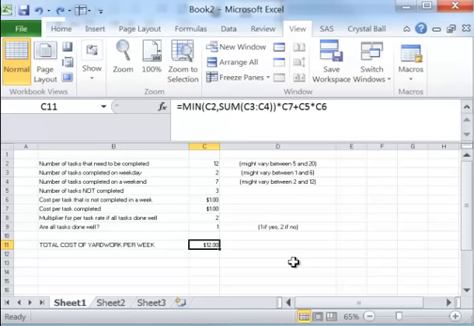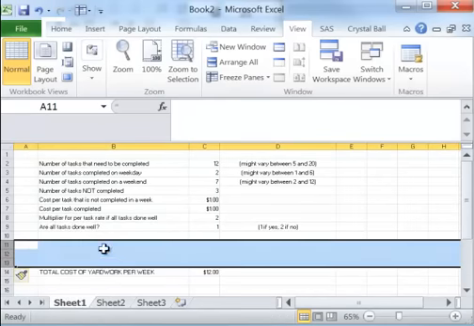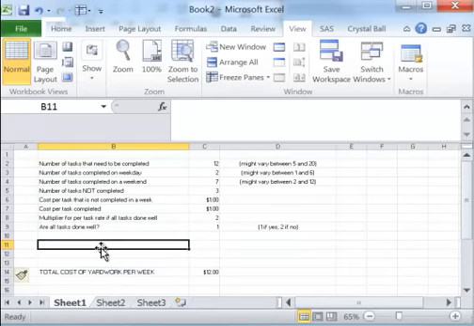Okay, so since this is a little bit tricky, I like to do this using intermediate steps. I like to create some variables that help me figure out whether this is true or not. So I'm going to add a couple of rows here. Okay, and let's create a series of flags.